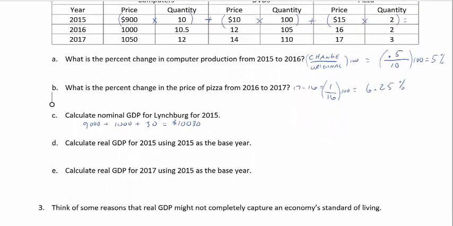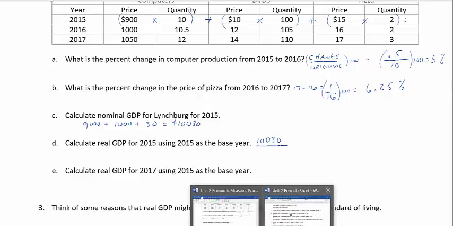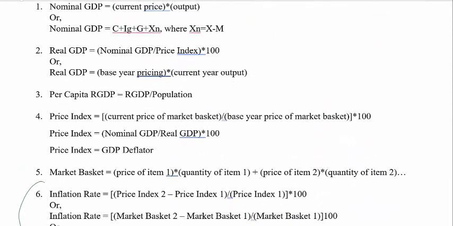Now remember, for part D, remember in the base year the price index is 100. Another neat thing about the base year is that the real GDP will be equal to the nominal GDP. And here's why. So when we calculate real GDP, let me show you the formula real quick so you can see where it is on this.